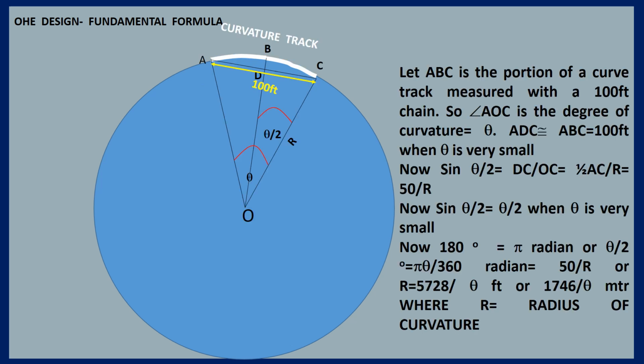Dear friends, any curve or arc is a part of a circle. In railway track, the curvature varies up to 9 degree, 8 degree, 10 degree maximum.